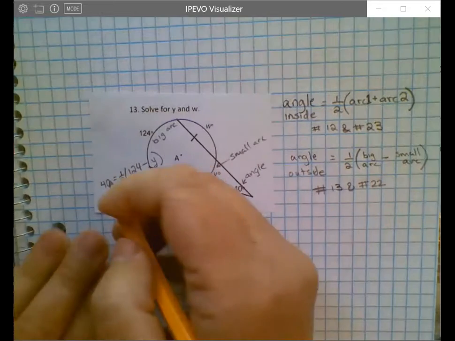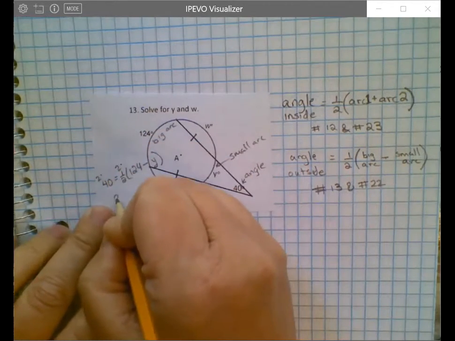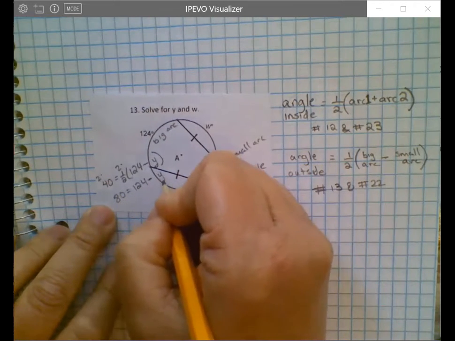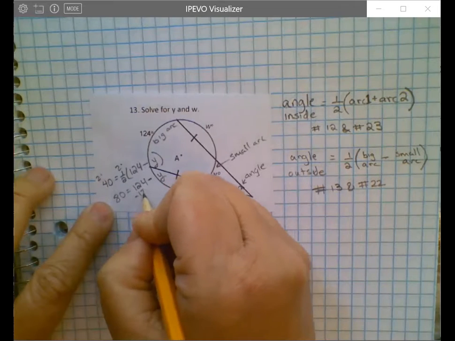All right, to get rid of the 1/2, I'm going to multiply both sides by 2. So it's going to give me 80 equals 124 minus y. I can subtract 124 from both sides.